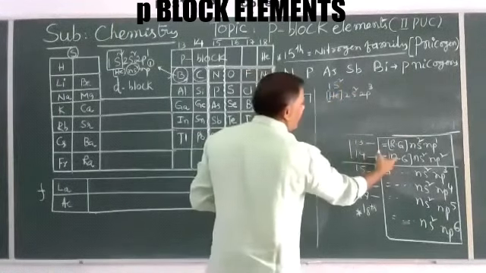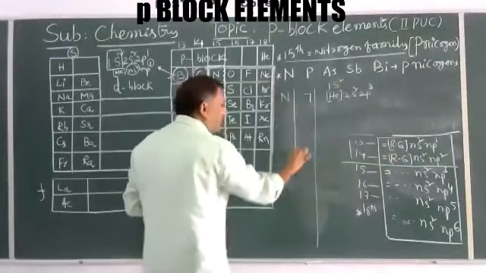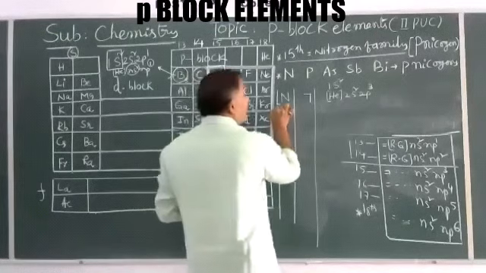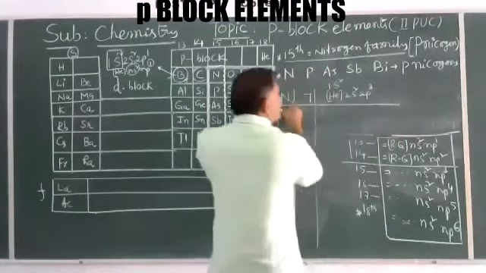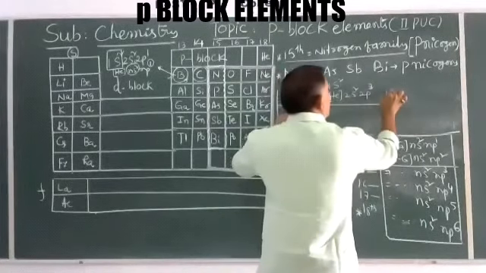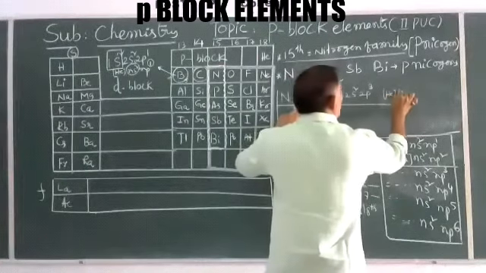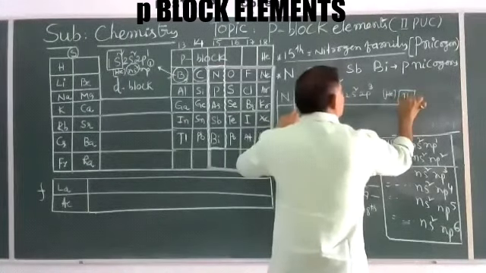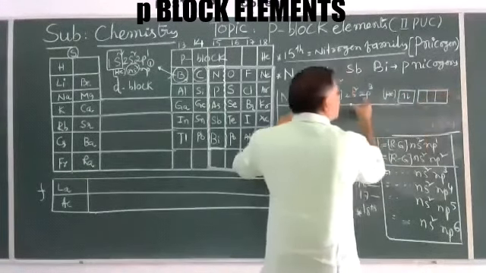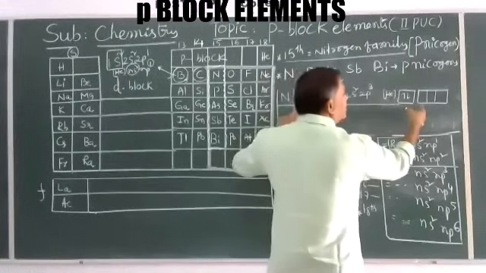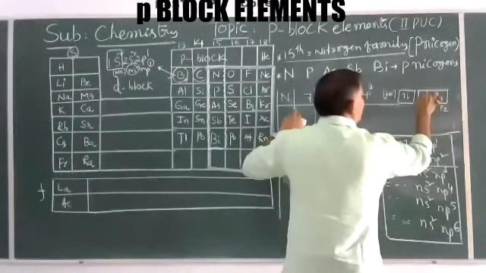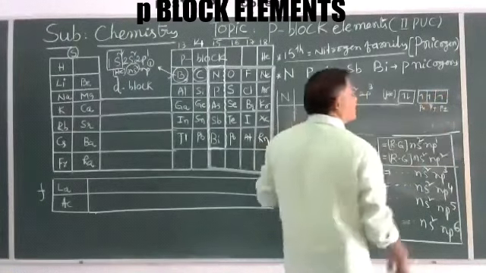Instead of helium, we can write the rare gas. The atomic number is 7 and the element symbol is nitrogen. Now, nitrogen's electronic configuration, we can write by the box method: helium, then 2s2 completely paired, and 2p3 according to Hund's rule. The p subshell contains 3 degenerate orbitals, px, py and pz, each filled with 1 electron according to Hund's rule.